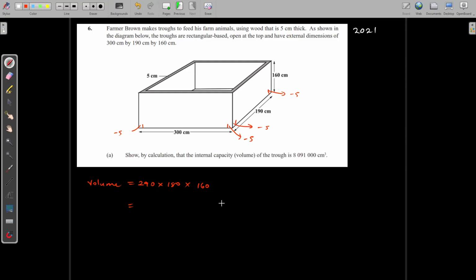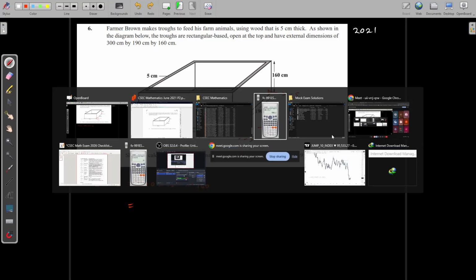So I got the answer. So the same thing right here. No, sir. 8 more. Also, 8 million. I multiplied it by 155 instead of 160, and I got an answer.